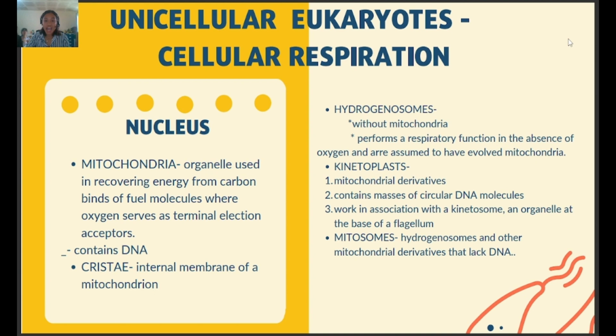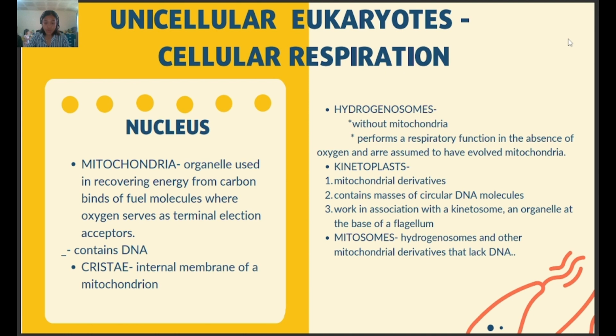Another organelle that has evolved from mitochondria is the kinetoplast. It contains masses of circular DNA molecules and works in association with a kinetosome. A kinetosome is an organelle at the base of a flagellum. It is used when trying to identify different phyla of protozoans.